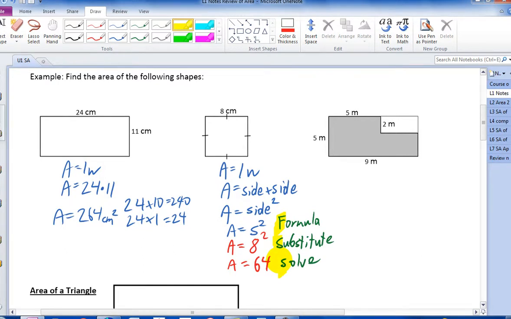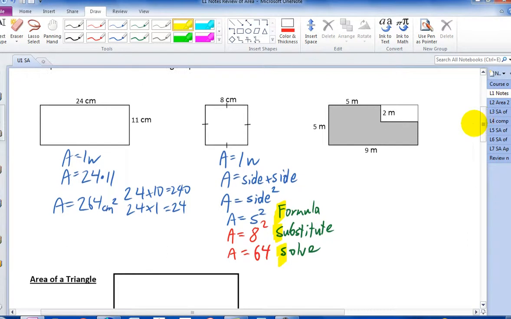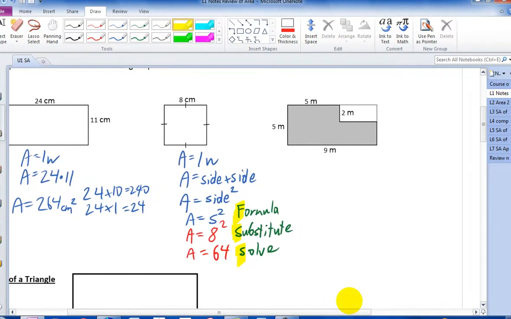Okay. Now some of the questions we're going to get to are a bit more complicated, and so you'll show your work slightly different. What about this? Interesting shape, isn't it? So what it is, it's a cutout. So there's two ways you can do that. You can find the area total of the big shape, and then you subtract the area of the cutout.